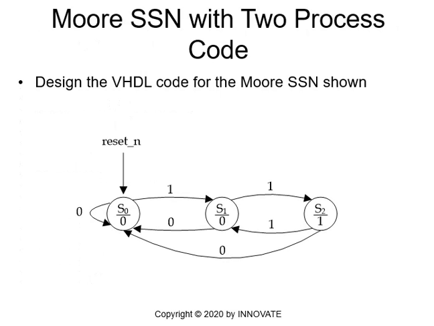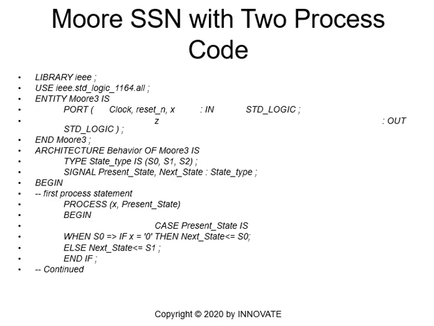We'll do the same example that we did with one process. This machine, with two consecutive even ones, Z will be 1. This machine with the reset n, we did with one process code, and we will do it with two process code as well, as follows. Library IEEE.